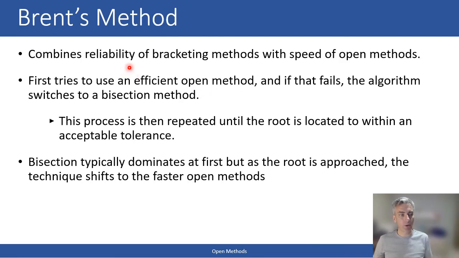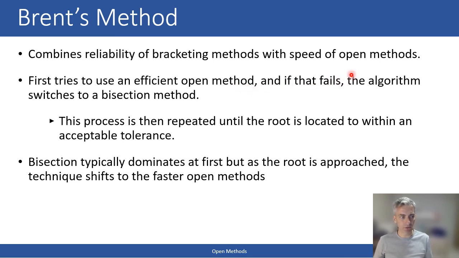So far we've looked at open methods and we've looked at closed methods. Open methods tend to be less reliable but very fast. Closed methods tend to be very reliable but not very fast. So maybe there's a way we can get the best of both worlds, and there is, and that's called Brent's method. Brent's method first of all tries an efficient open method approach, such as the Newton-Raphson method.